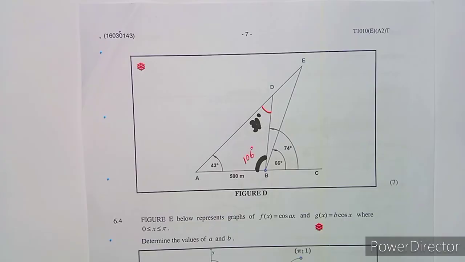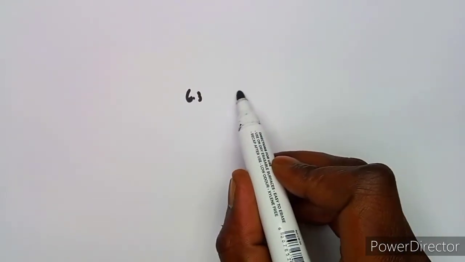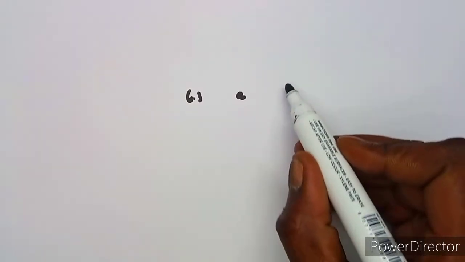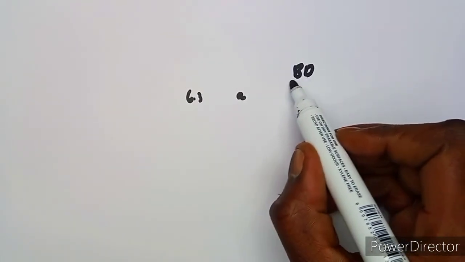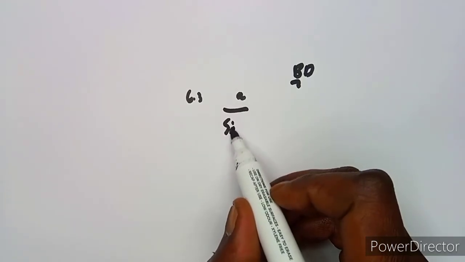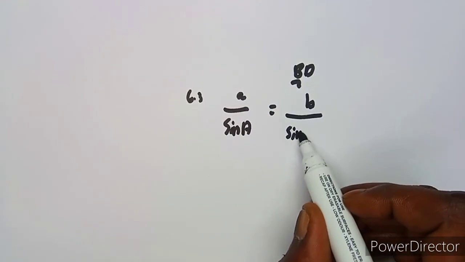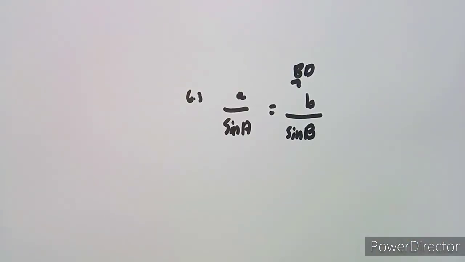Remember your sine rule, let me just write it here. We want to calculate BD first. It says that A over sine A is equal to B over sine B, which is equal to C over sine C.